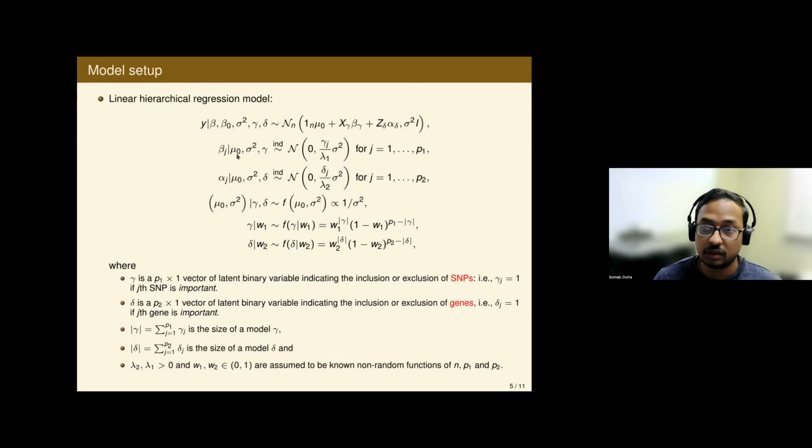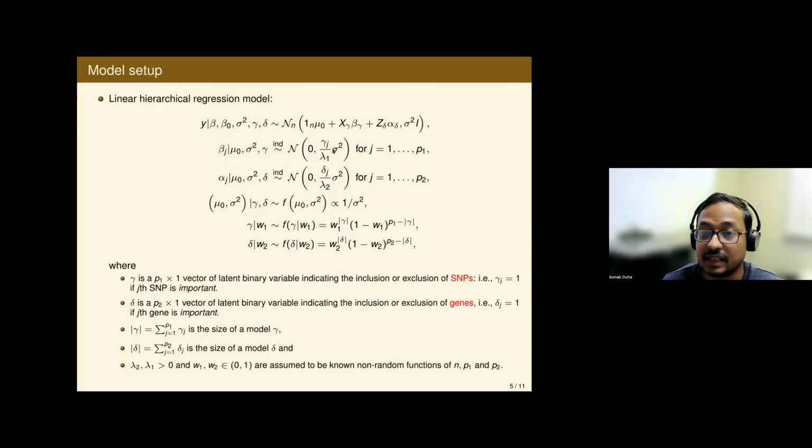These beta j's, the coefficients, have what's called a spike and slab prior. You can see that beta j given gamma are independent, normally distributed with mean 0 and a certain variance. Now, what if gamma j is 0? If gamma j is 0, the variance is 0.